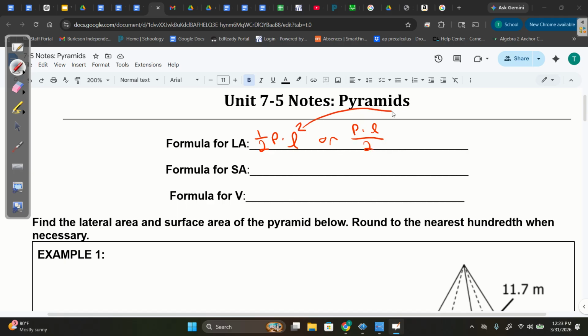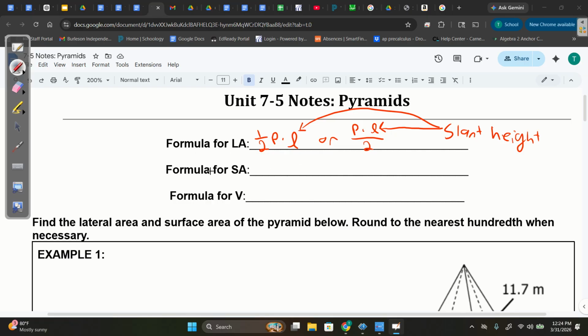Again, this symbol here is new to us, it is the slant height. And we'll discuss what slant height is in a second. But for now, let's finish writing down each of these equations.